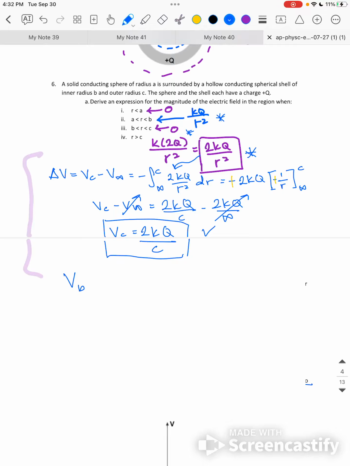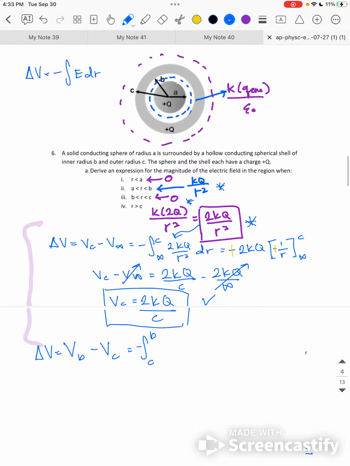Change in potential always has to represent a change in position. So this is going to be my change in potential from C to B, and that is potential final minus potential initial. And that is the negative integral from C to B of the electric field within that region.